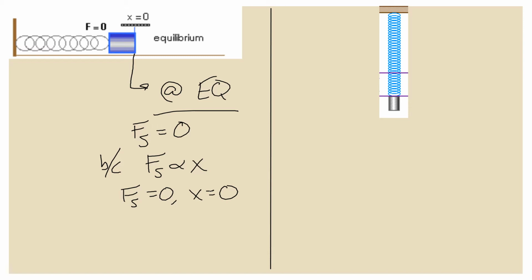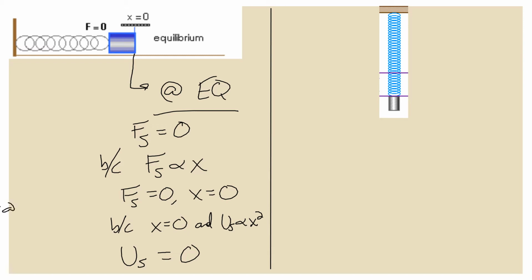And so because x is equal to zero and because the spring potential energy is directly proportional to x squared, at the equilibrium position for a horizontal spring, the spring potential energy is equal to zero.